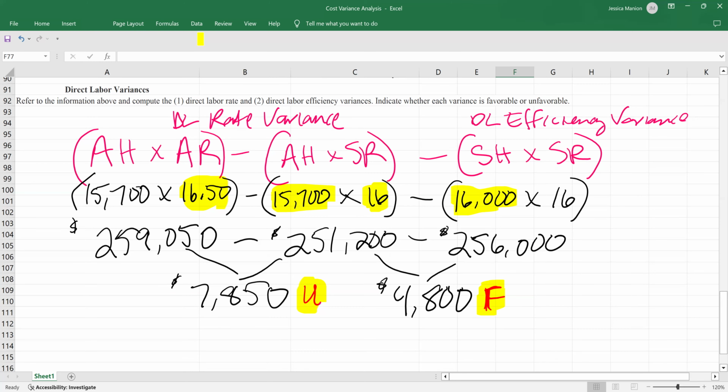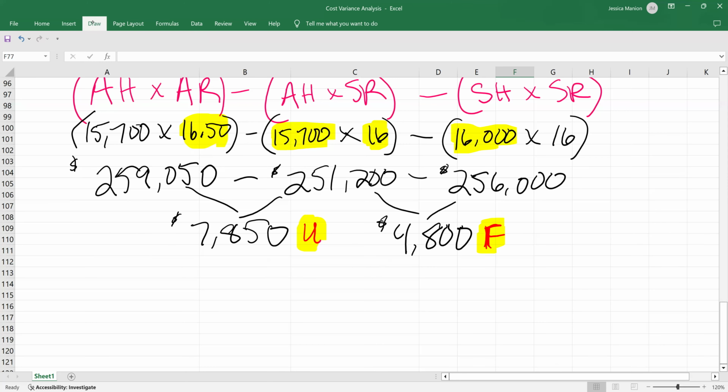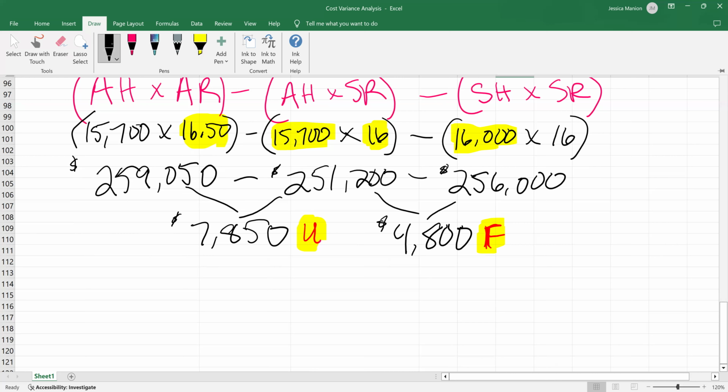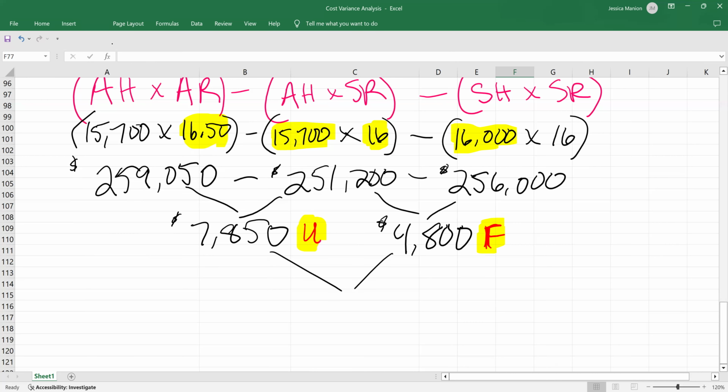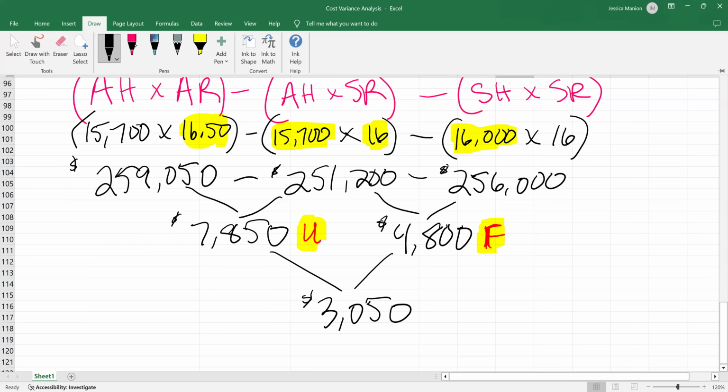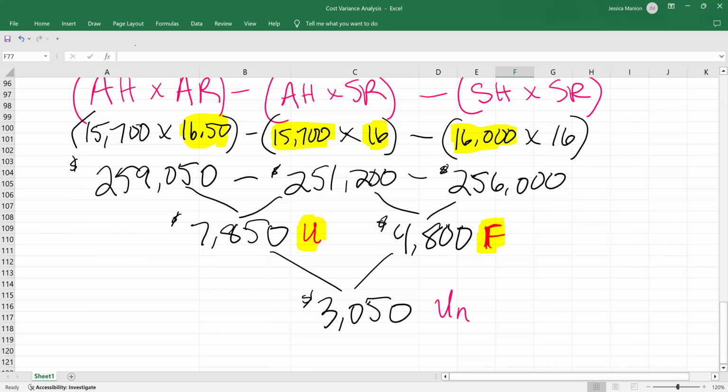So we think about this like, okay, we've got 7,850 negative. Now we've got a positive 4,800, right? So 7,850 plus, no, that's not what we want to do. 7,850 minus 4,800. So overall, 3,050 unfavorable still, right? Because our unfavorable number was greater. So we're still unfavorable.